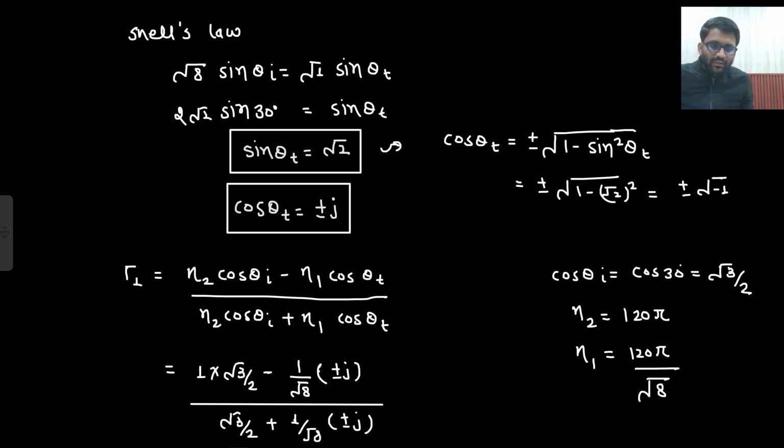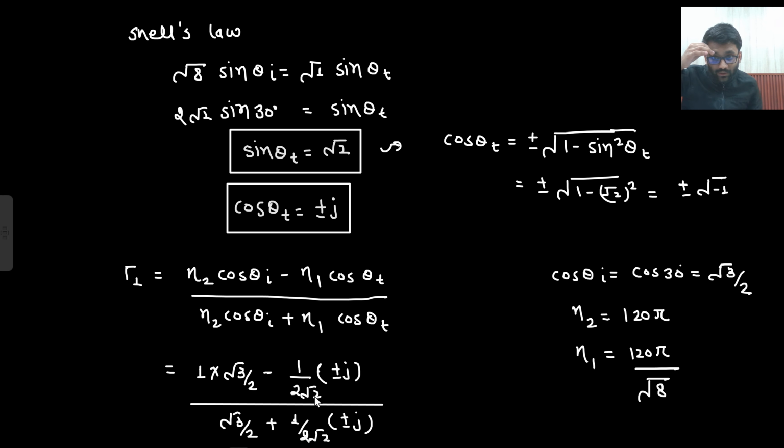So when you solve it, what are you getting? The reflection coefficient. So here I can solve it. Okay, first just the mathematics we are solving. So here under root 8 can also be written as 2 under root 2. Under root 8 can be written as 2 under root 2, right?